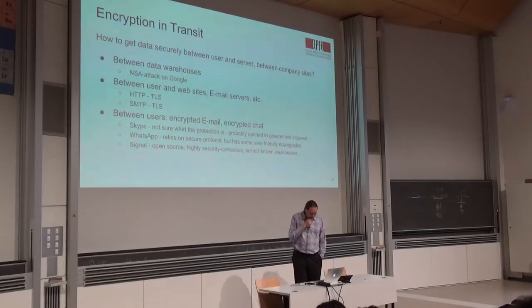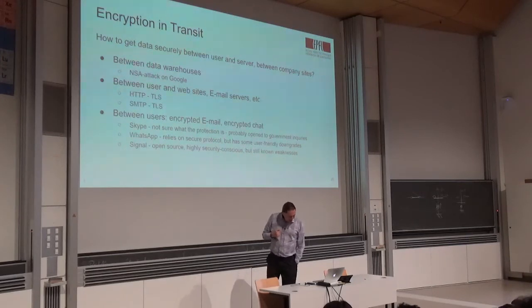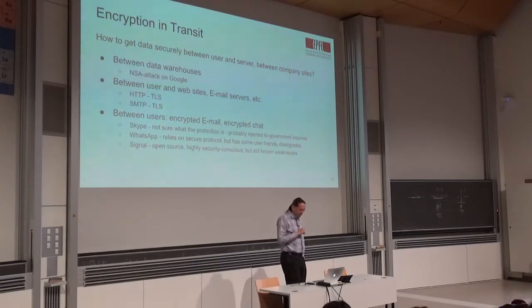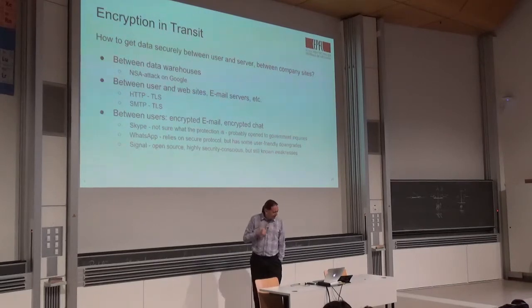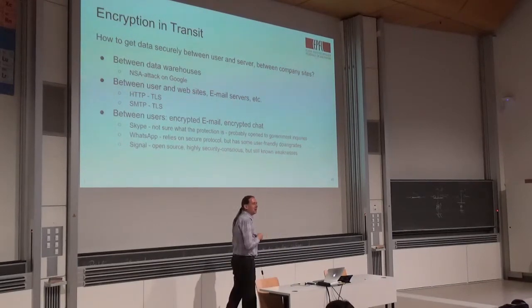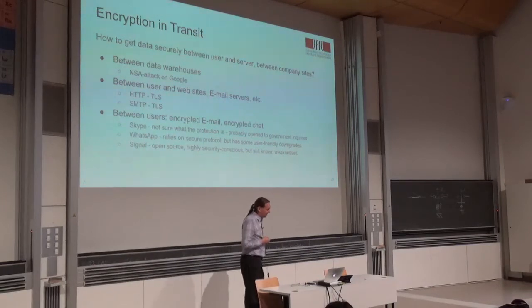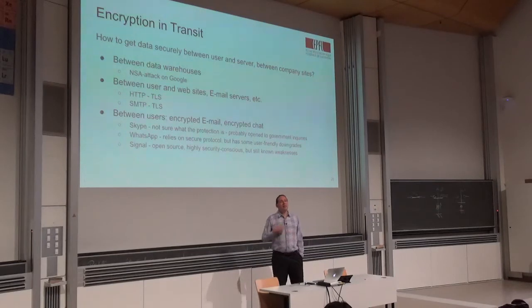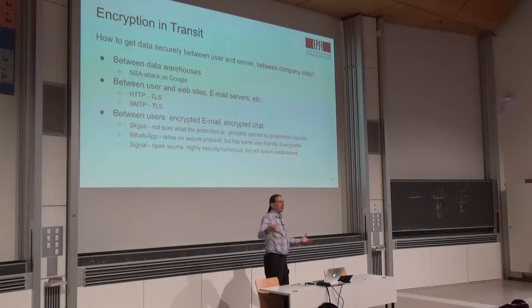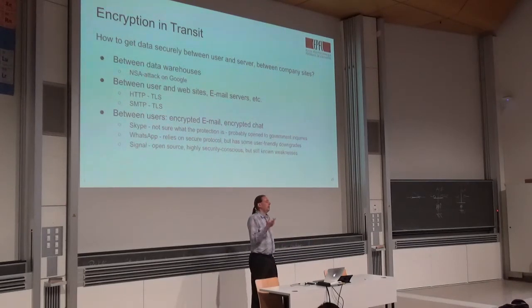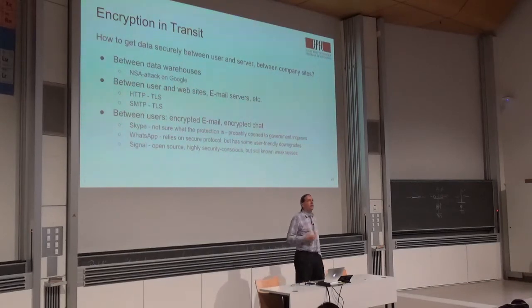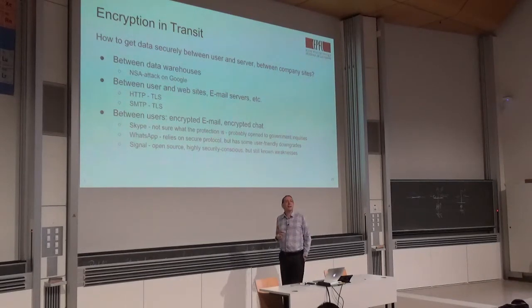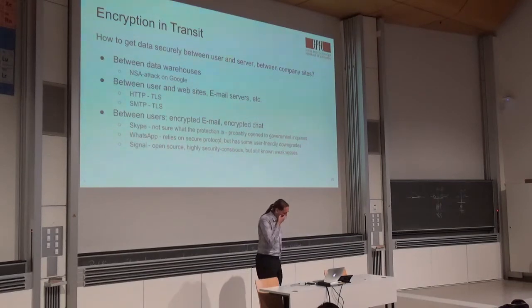Not to throw too many subjective judgments in here, but of course, some newer apps arose to take their place, like WhatsApp and Signal, that still try to keep messages encrypted end to end, meaning from one user all the way to the other user, so that the cloud servers in the middle that are responsible for storing and queuing the messages can't actually decrypt and see what's in the messages.